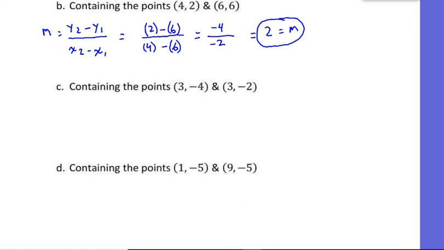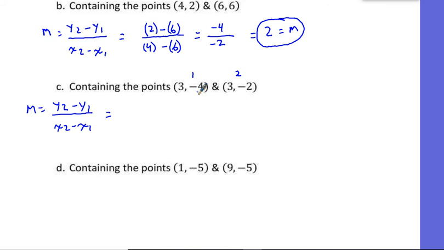Example C. Slope is y2 minus y1 over x2 minus x1. We substitute. I'm going to call this point 2 and this one point 1.